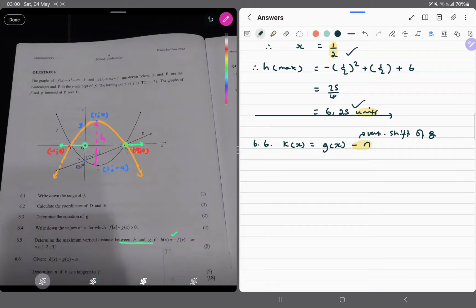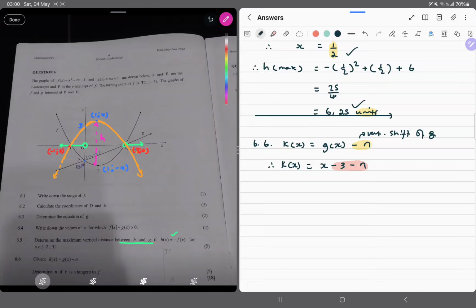Whew. What is this k, by the way? k of x is going to be x minus 3 minus n. Okay. Now that's fine. Remember, what this represents is the y-intercept as a whole.